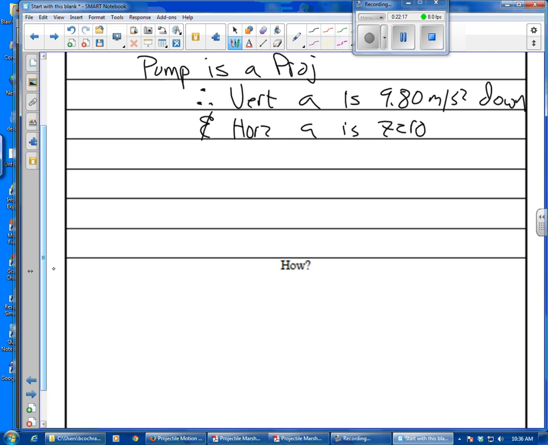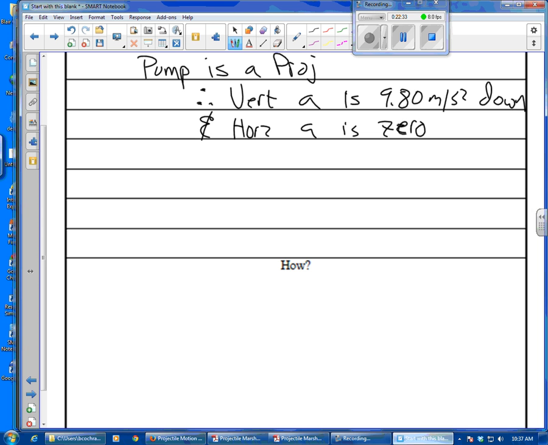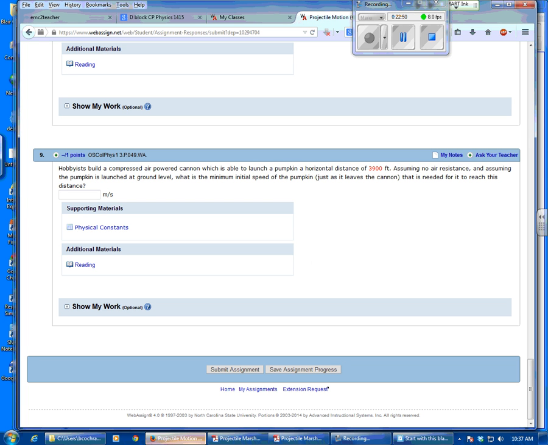Some things to notice about this problem in specific is that it lands at the same height that it took off at. So lands same height as start. What about its initial velocity?